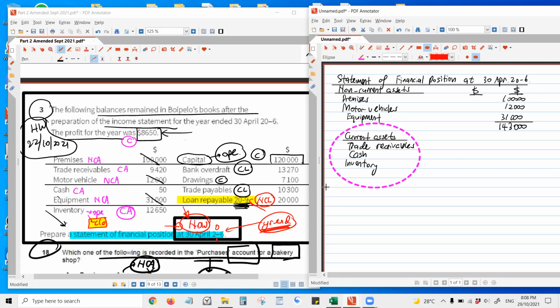There's a sequence to arrange all these current assets. But for IGCSE, it doesn't matter. However you arrange them, whether cash comes first or inventory comes first or trade receivables comes first, you would not get extra or fewer marks. So don't have to care.